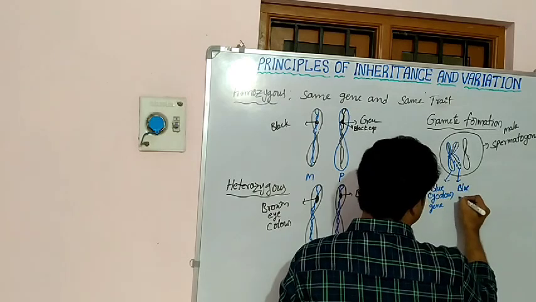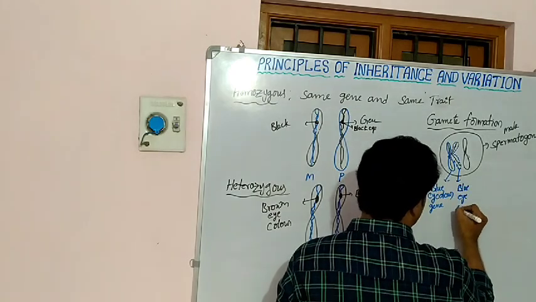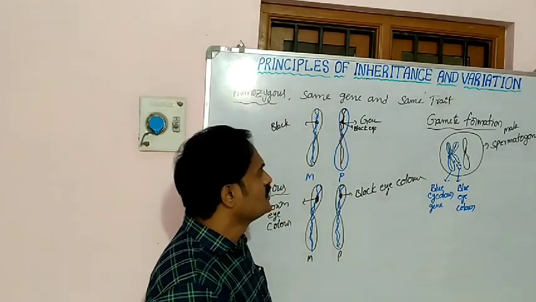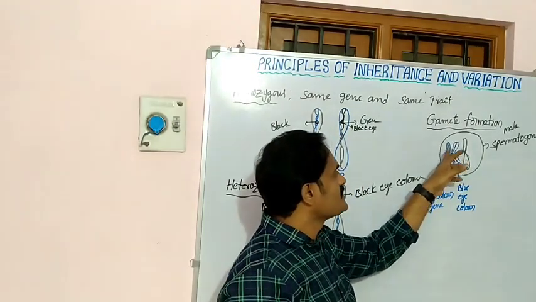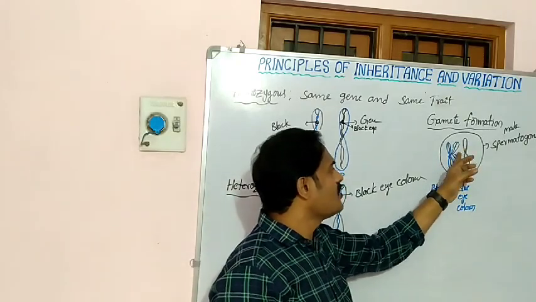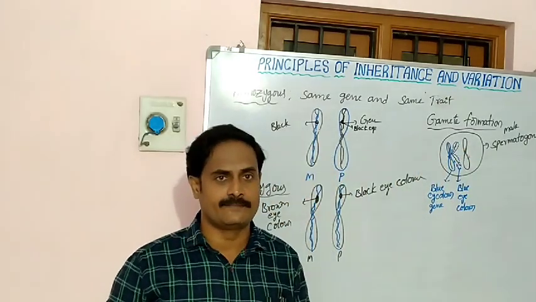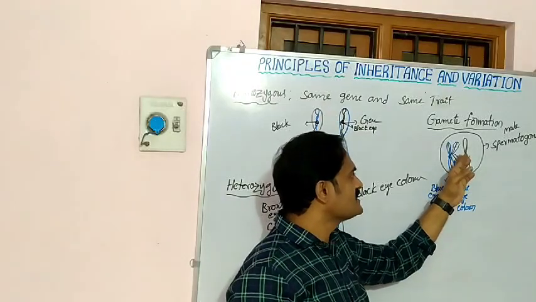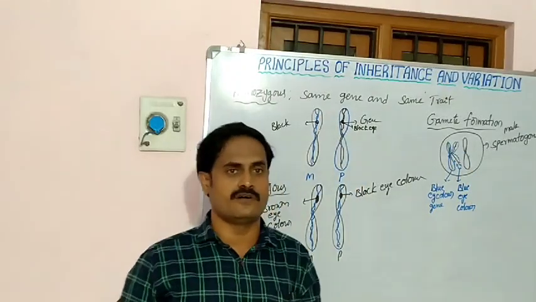Blue eye color. Why is it also blue eye color? Because the DNA inside this chromosome forms an exact copy of one more DNA. So here blue eye color is present, and exactly the blue eye color gene will be formed.